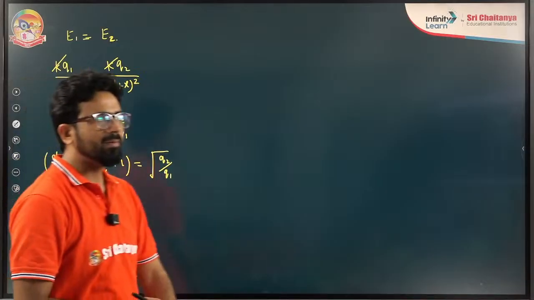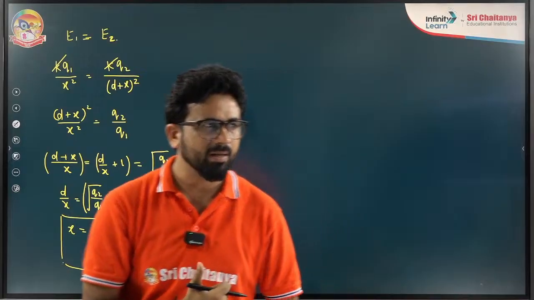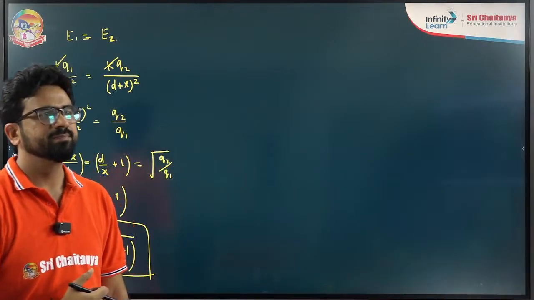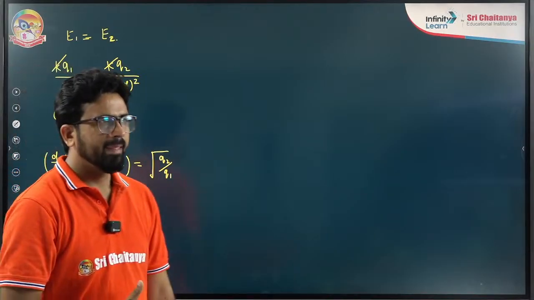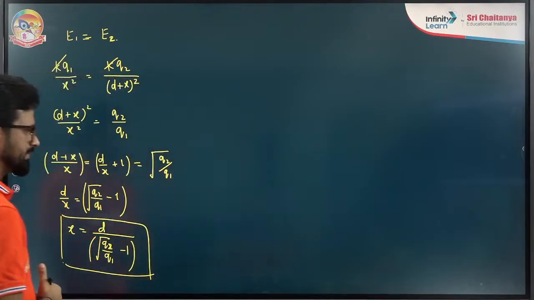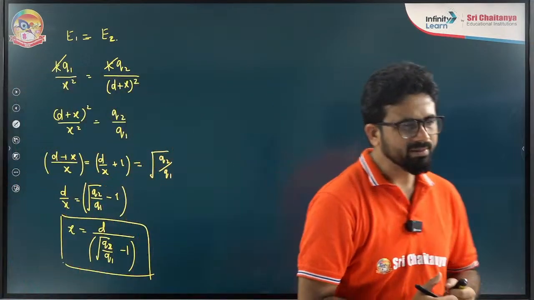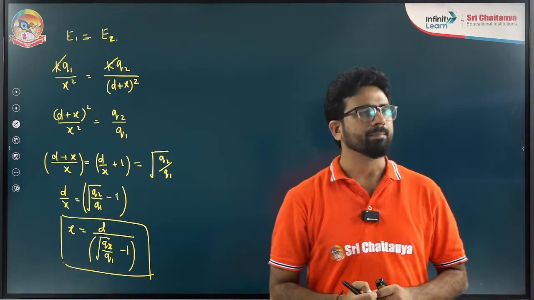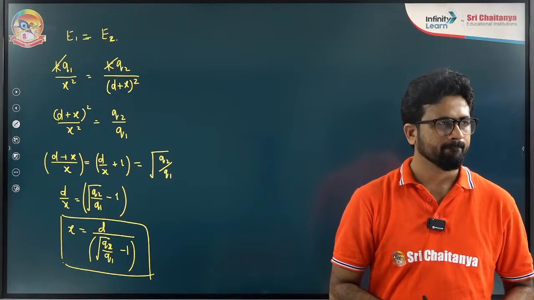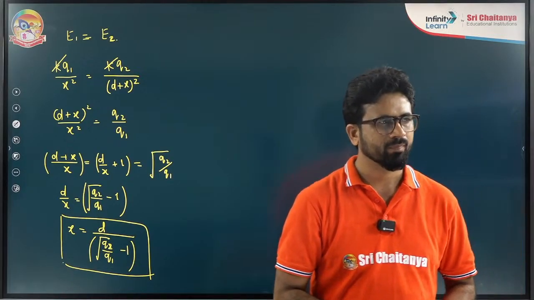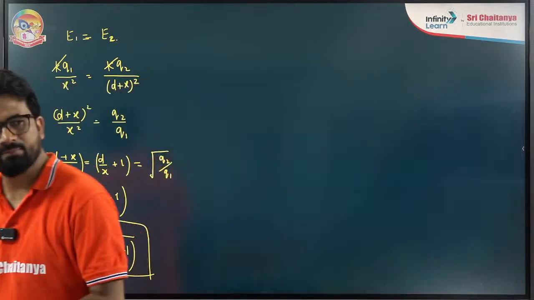I think it is clear to everyone. It is clear, beta? Sudhakar, Mandeep, Vamsi Yadav, Lakshmi Priya, Saranya, Swati. It is clear to everyone, beta? This calculation is clear? You are getting this answer? Please reply, beta, to find the position of null point. If one is positive, one is negative.